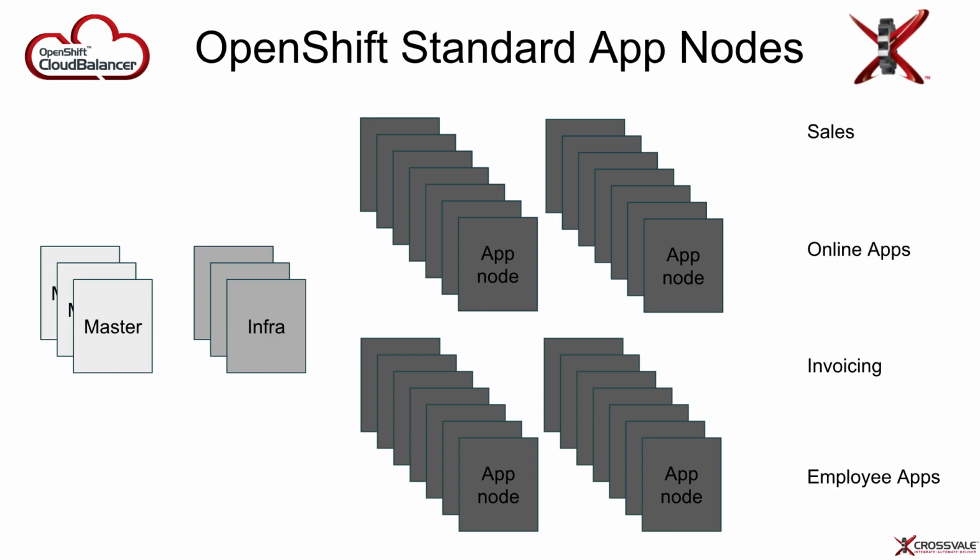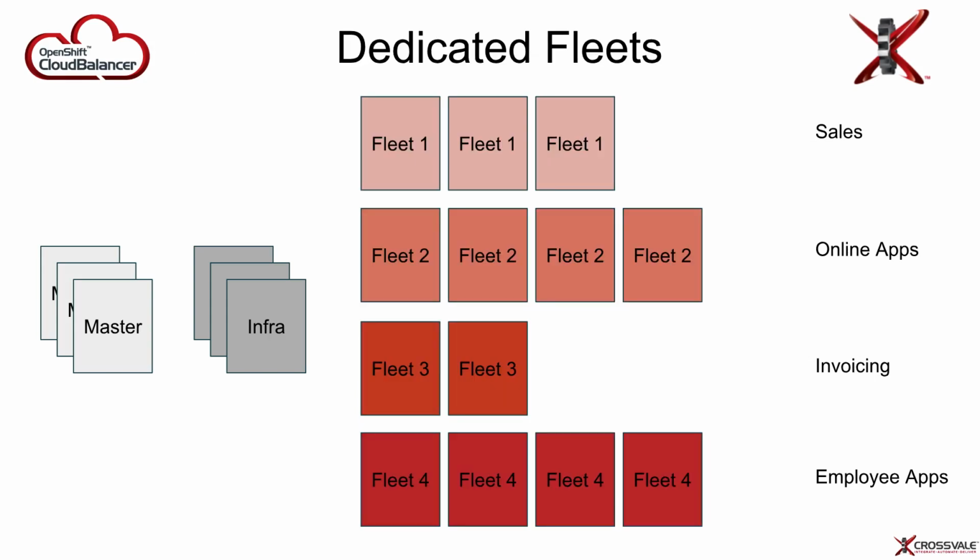What we do for OpenShift CloudBalancer is we take those applications and define them by an application profile, which is the fleet. And the fleet has a certain instance requirement, a number of hardware consumption models tied to it, that allow us to define what kind of nodes we need to deploy more of that application. And then we deploy them onto only the nodes that fit those models.